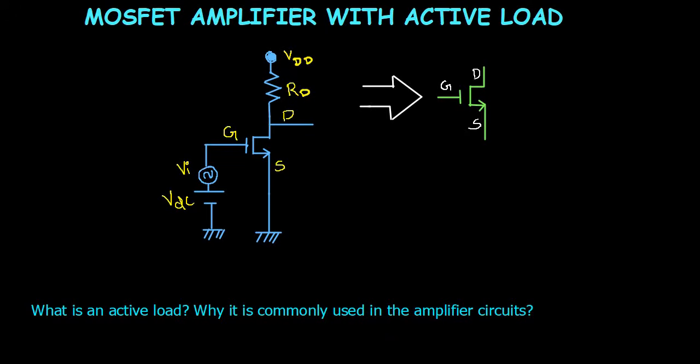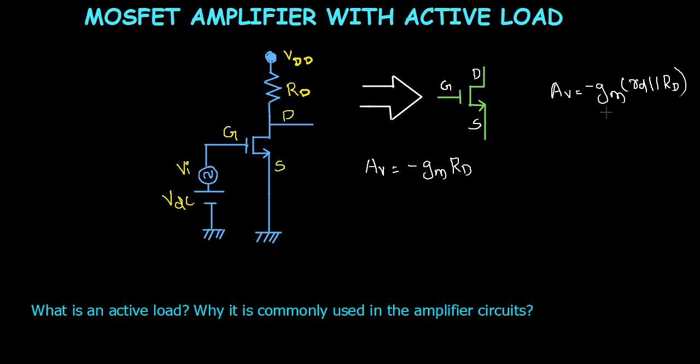For example, here I am considering a common source amplifier. We know its gain: AV is equal to minus gm times RT. Yesterday we derived that the actual equation for gain is minus gm into RD parallel RT.